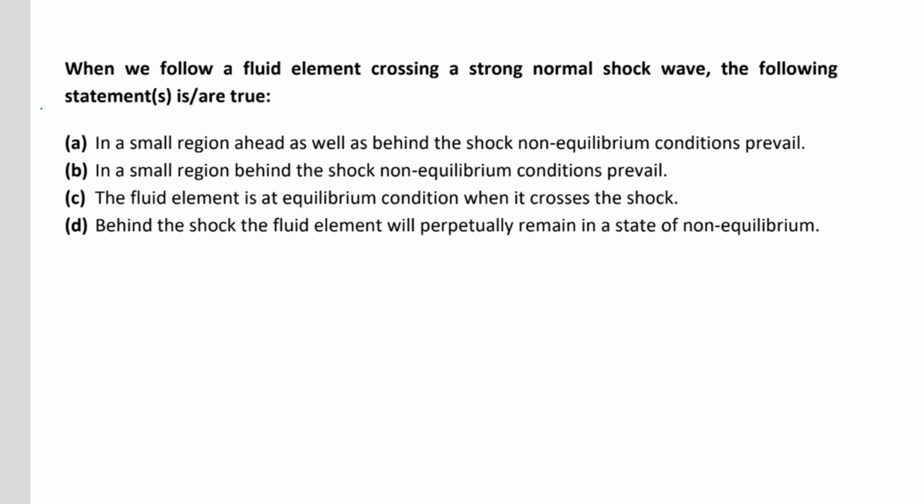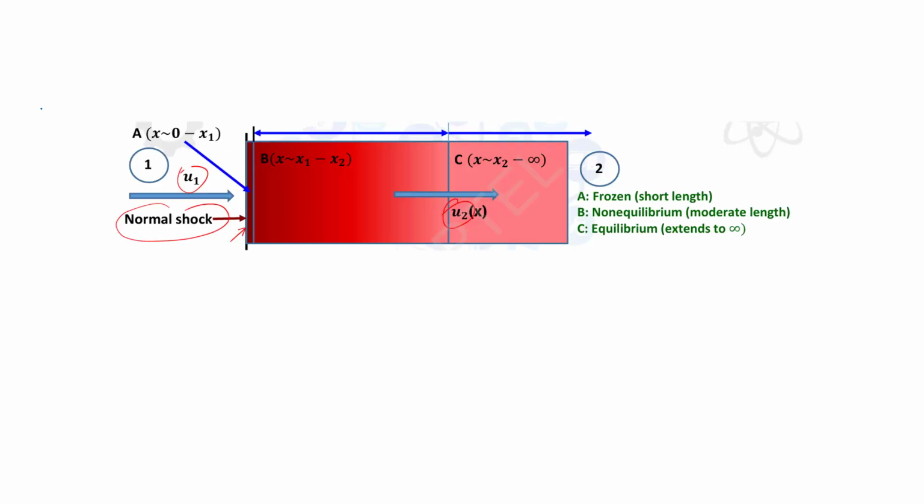So this is related to the normal shock wave. We have already seen that if a flow is passing through a normal shock, first for a small distance it will remain frozen. Then for a moderate length it will be in non-equilibrium. Then it will attain equilibrium.